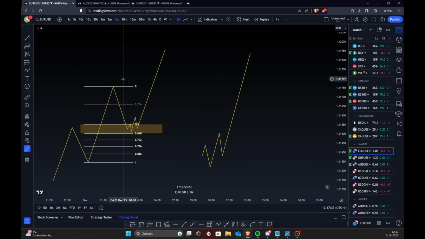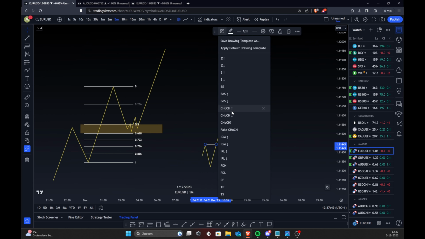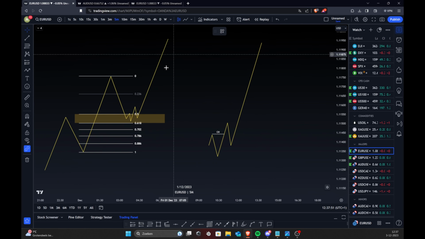So we're changing from this downtrend, we're changing to an uptrend. And price clearly indicates that and gives us, for example, a change of character. So this would be a change of character. And I will go into this later in the video into real chart examples where you can see it live, or basically backtesting.